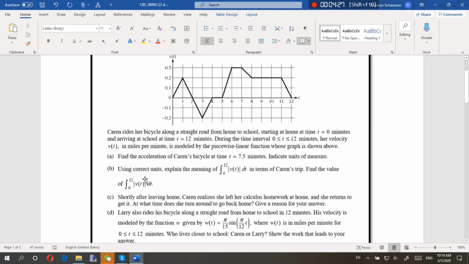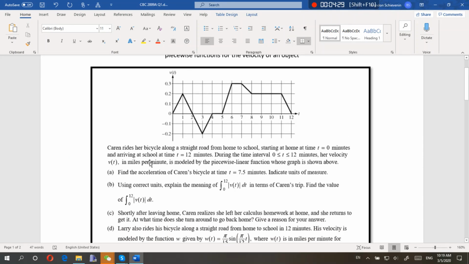Okay, and then I need to figure out what that total distance is. So you have to flip the negative section to positive. But the area, the triangles are the same.